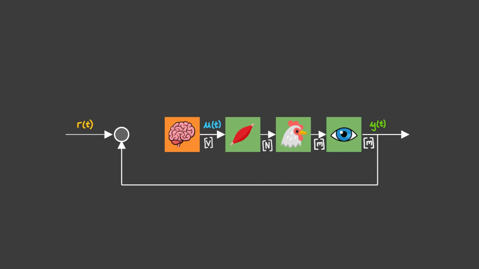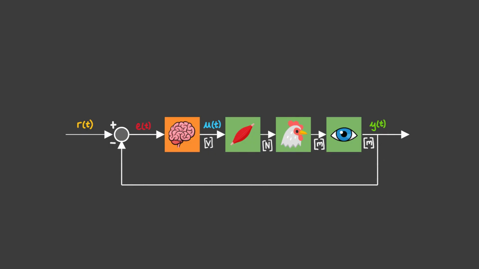This summation block literally just subtracts these two signals. In an ideal world, the difference between these two signals, R minus Y, should be 0. But in reality, there will always be some measured error, which I'll call E of t. The brain will then input this error signal and will generate a new voltage output, and the same process happens again, over and over and over again.